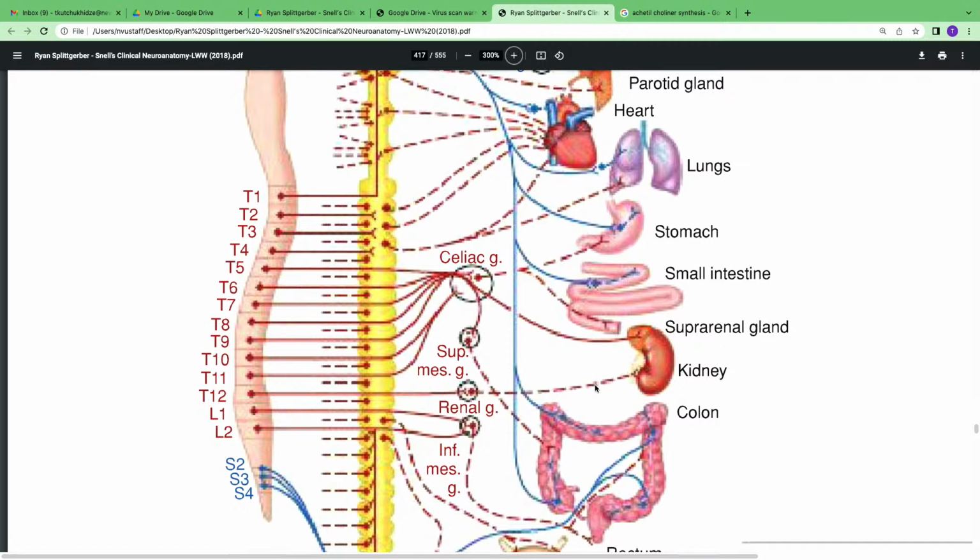No. Now let's talk about the afferent fibers of the parasympathetic. So afferents are myelinated fibers, and they are taking information from the viscera to our brainstem, and their location is in the sensory ganglia of our cranial nerves, or in the posterior root ganglia of our sacral spinal nerves.